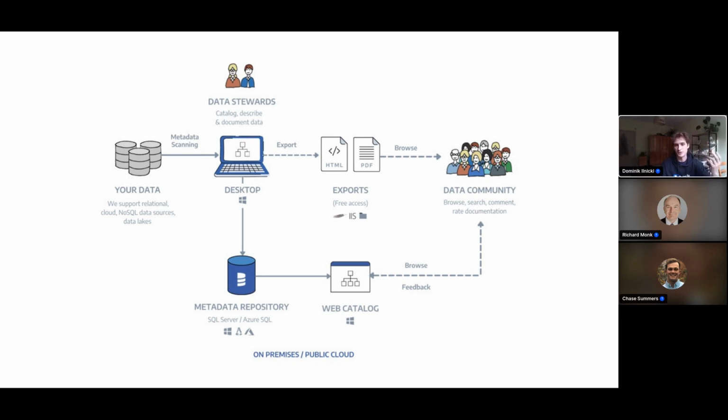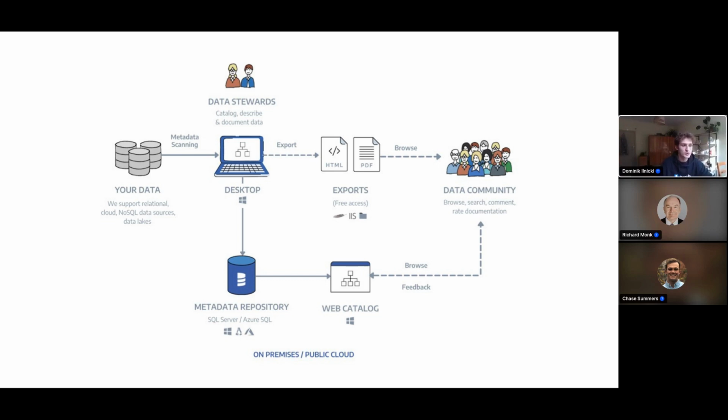In our case, for this webinar, it is Power BI, but it can be one of the other connectors that we support, like SQL Server, Snowflake, Postgres, etc. Then the desktop app saves data into a metadata repository. This is a SQL Server database. We take your data from Power BI and save it into the metadata repository that is SQL Server. You can then query this database. You have full access to that. This whole solution is on-premise, so you have full access to everything.